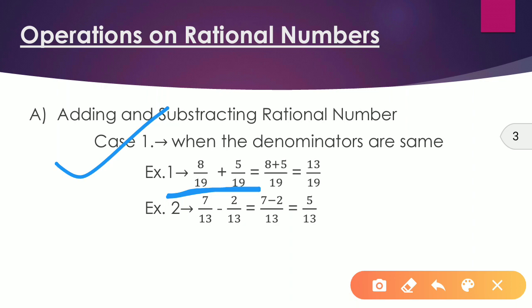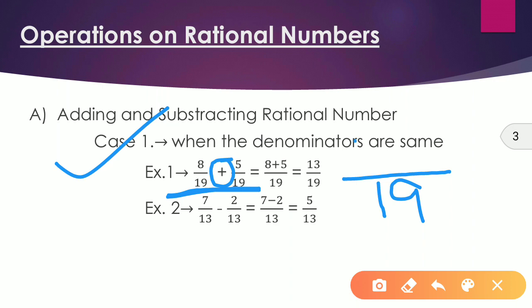So we have to add both the rational numbers. First thing you have to do is, in the denominator you write 19 and after that you just add the numerators. So first you write the denominator and after that you add the numerators.